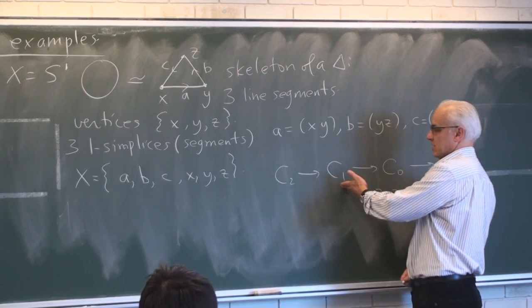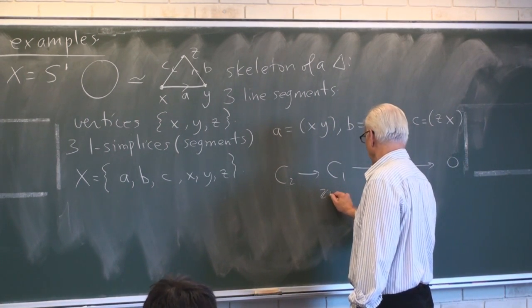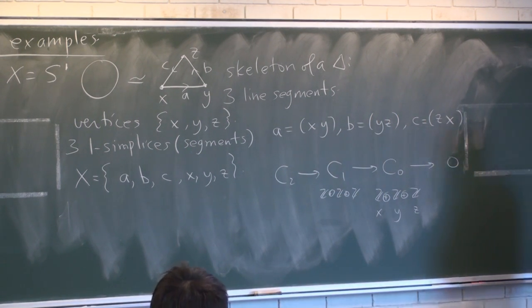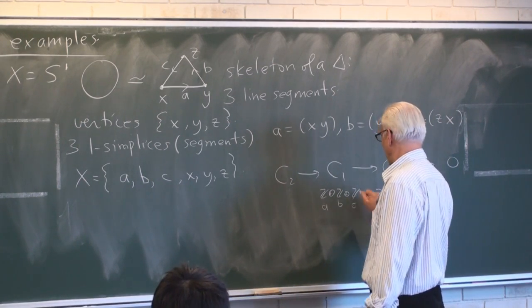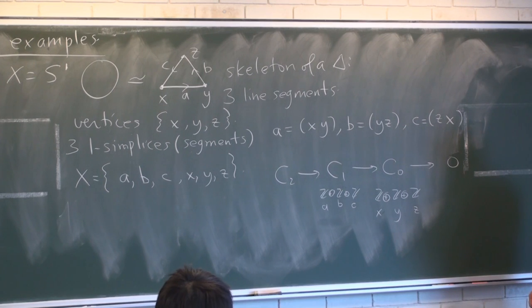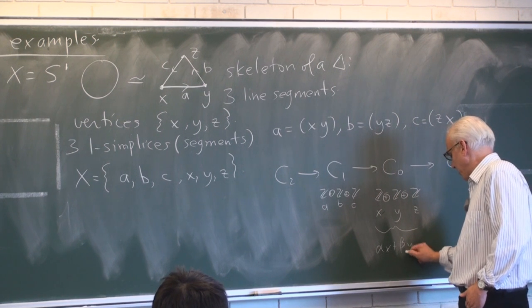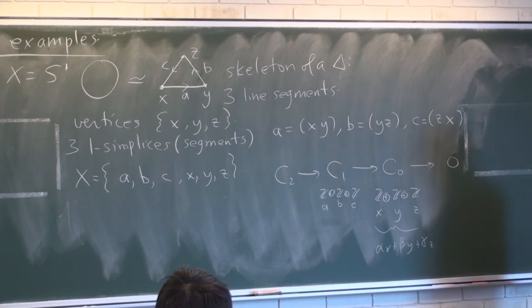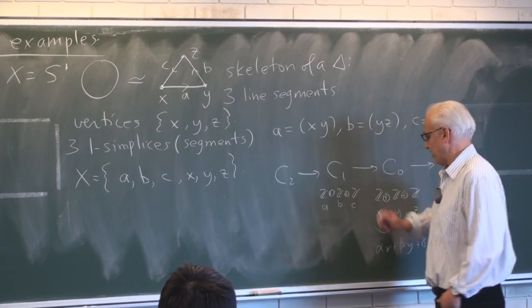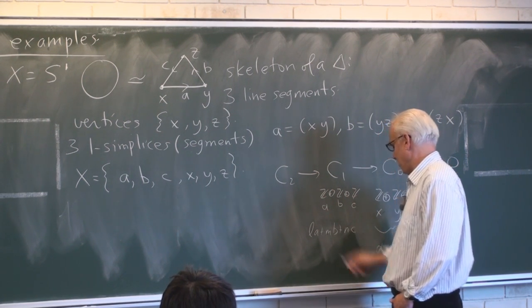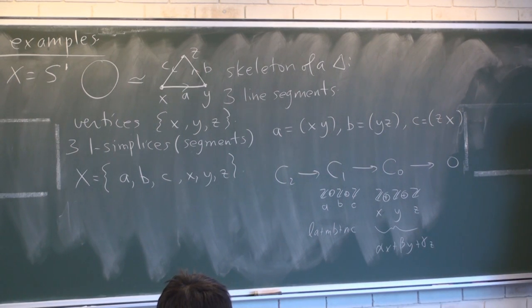The one-chains are also going to be a group Z plus Z plus Z with basis A, B, and C. So your typical element in C0 looks like alpha x plus beta y plus gamma z, where alpha, beta, and gamma are integers. And your typical element in C1 looks like LA plus MB plus NC, where again L, M, and N are integers. So those are the chain groups.